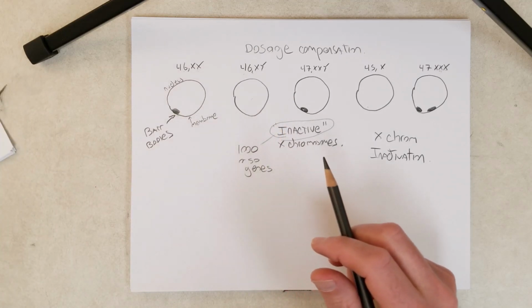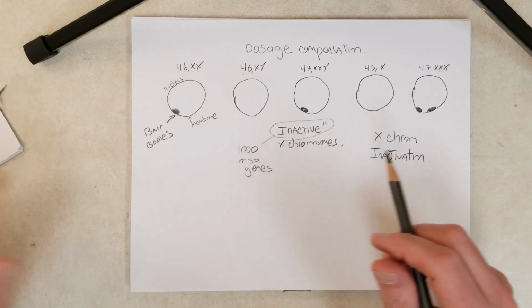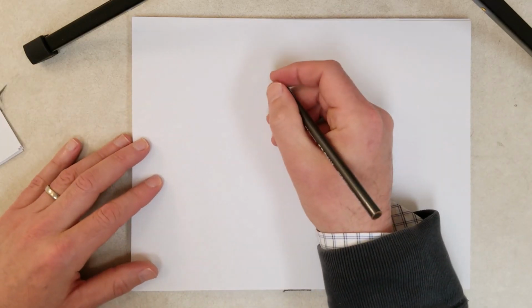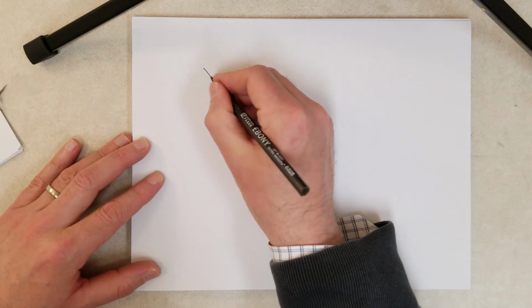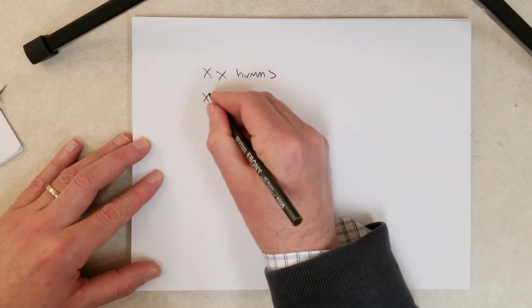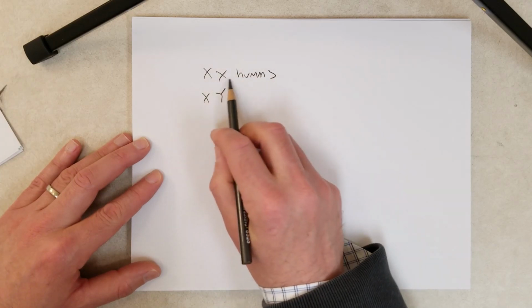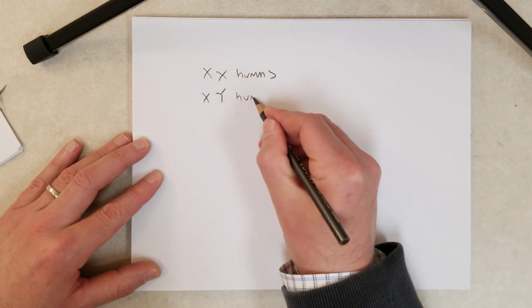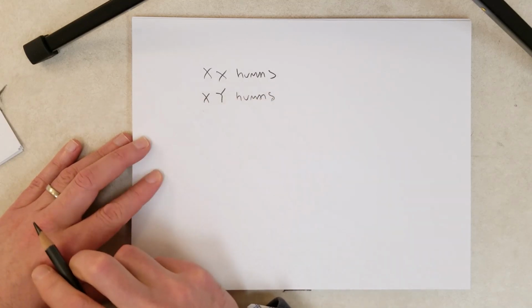So, okay, that is a dosage compensation mechanism. And so what is dosage compensation? Why is it important? Well, with respect to humans, XX humans have 2 X chromosomes. XY humans have 1 X chromosome.